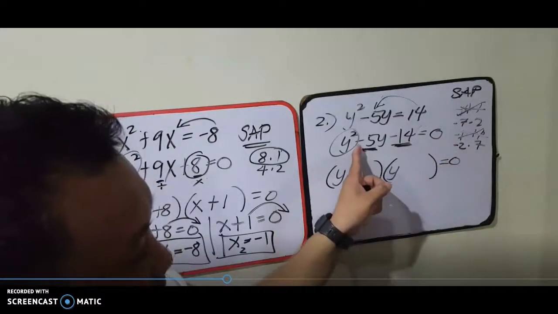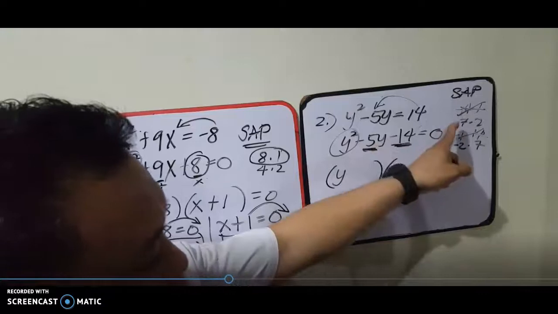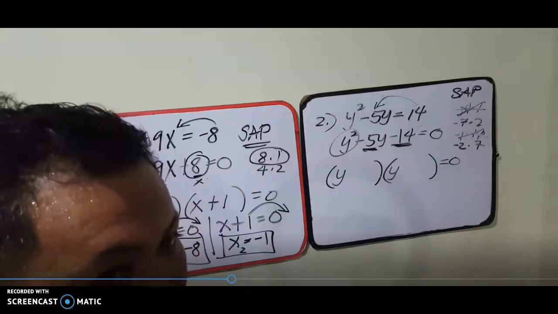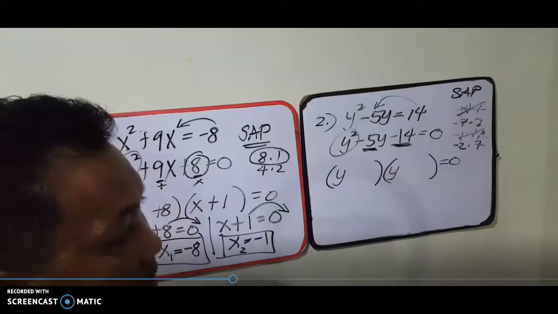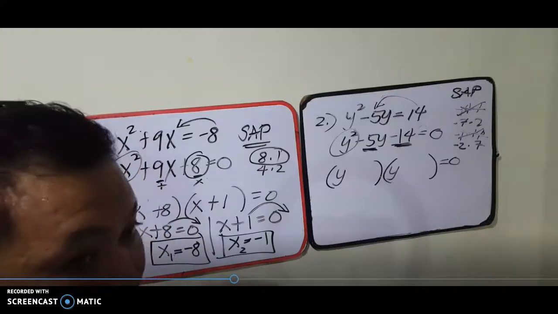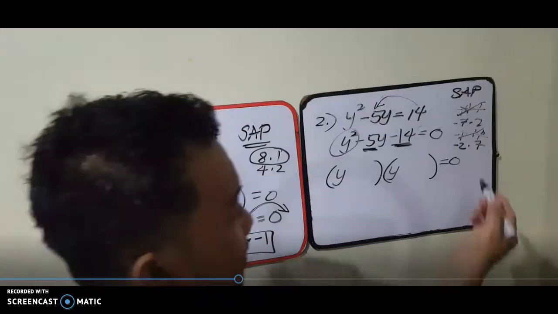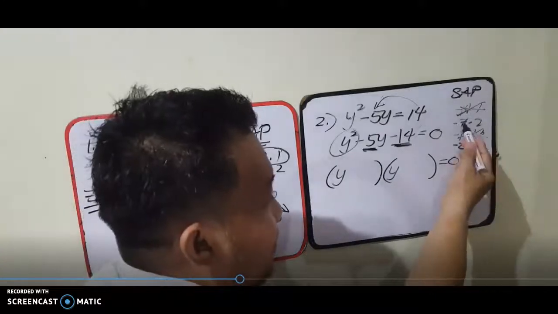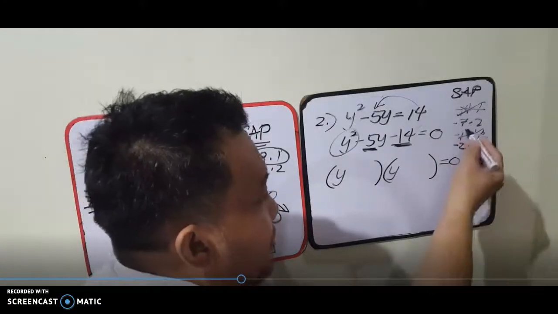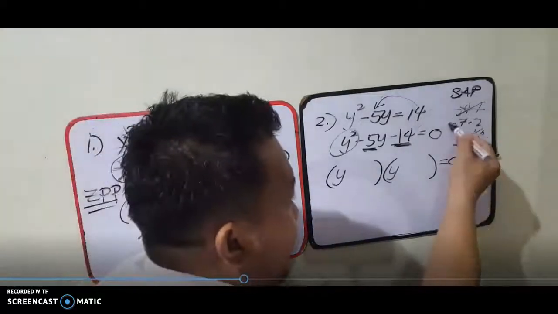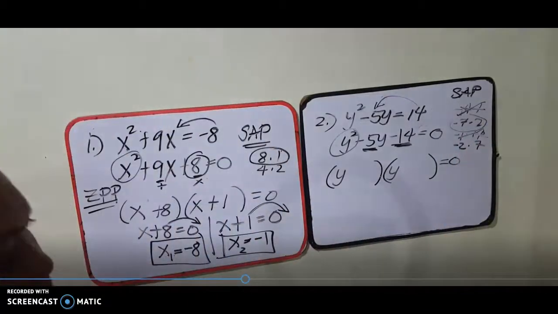Since negative 5 is the answer, we are going to choose the factors wherein the sum is negative 5. It should be the factors whose higher number is negative, and that higher number, regardless of the sign, is 7. Since it's negative, when we add, that would become negative 5. So these are the right factors.